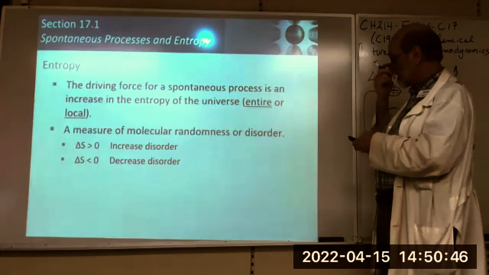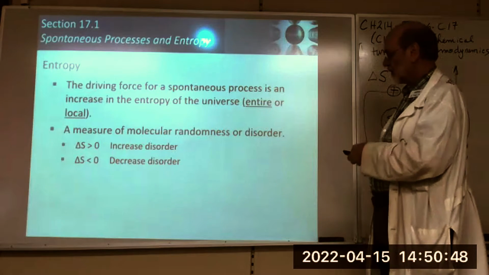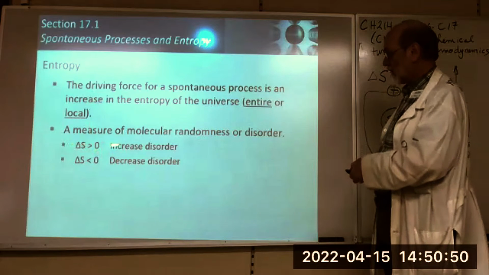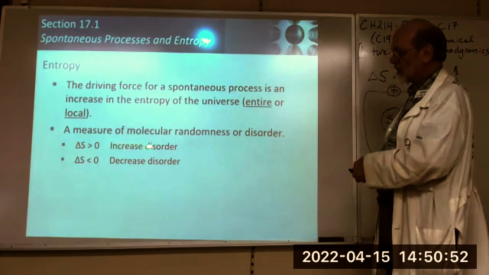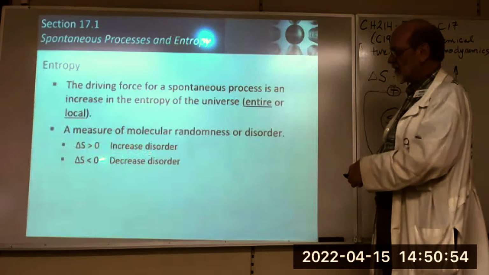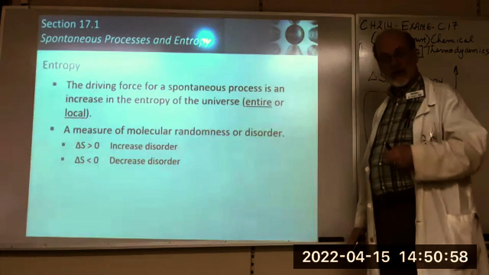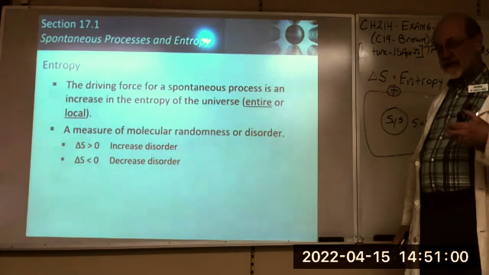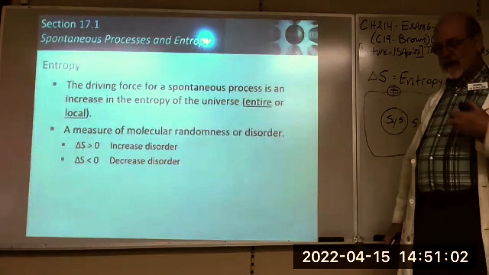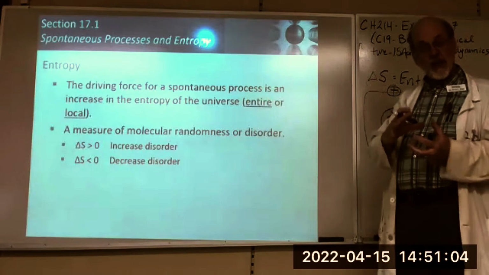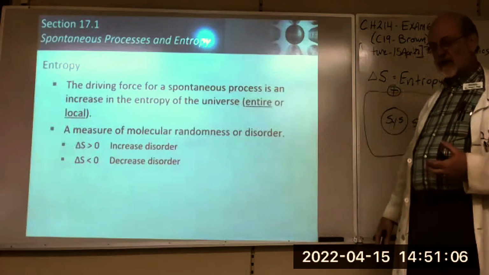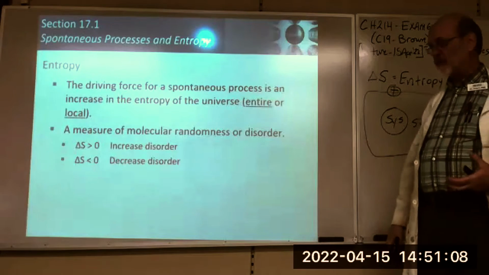We actually increase the disorder, delta S is positive. You decrease the disorder, it's negative. And that's possible. All you have to do is compress the gas into a smaller volume, and you've decreased the entropy.